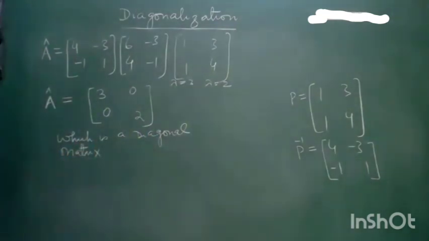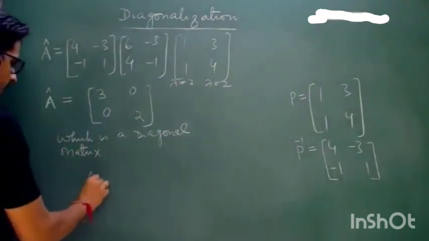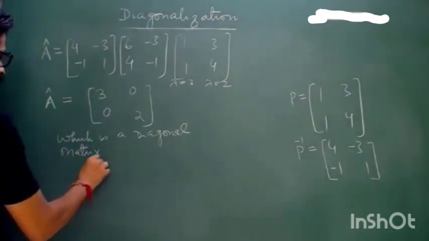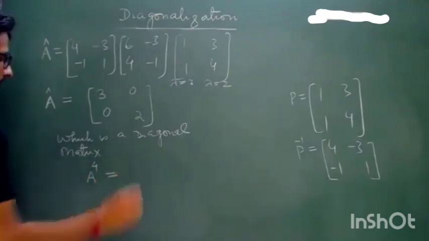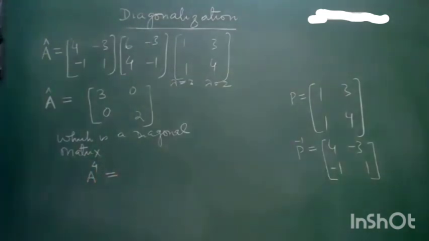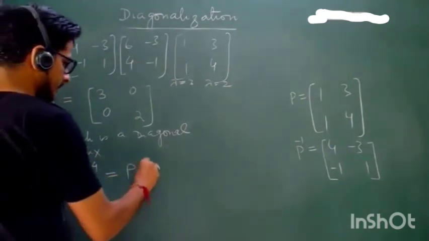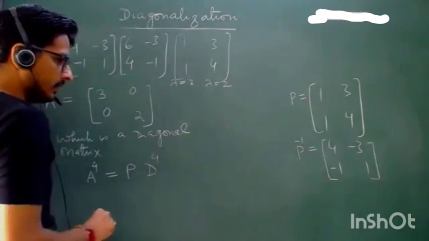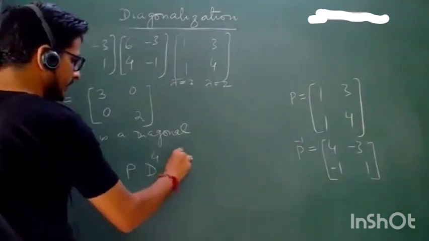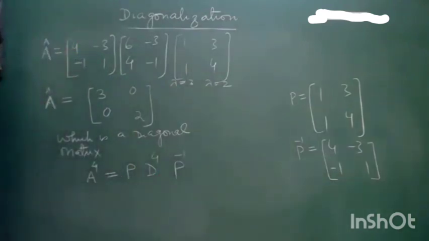So suppose they ask A to the power 4, then how will you write? P D to the power 4 P inverse, correct?